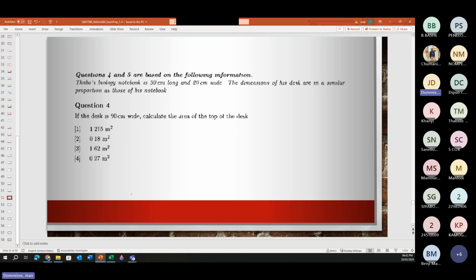Okay, so now they ask us a bit on dimensions. Tabu's biology notebook, I read it as 30 centimeter, we will see if there's an answer for that, 30 centimeter long, 20 centimeter wide.